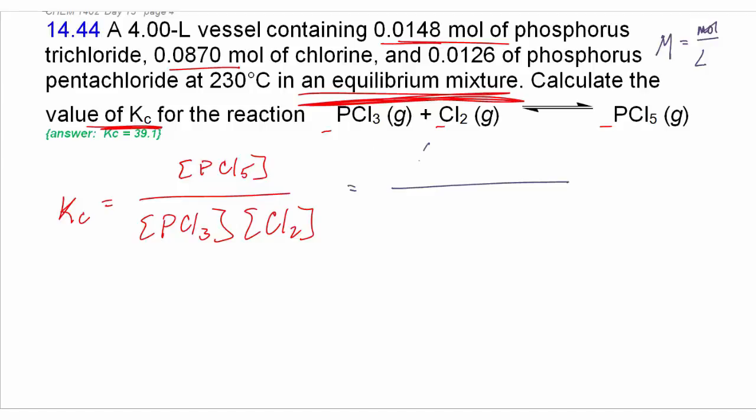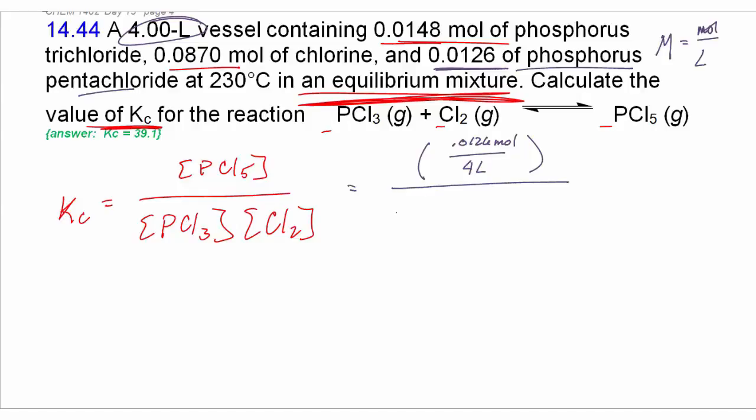So for PCl5, what's our moles and what's our liters? For phosphorus pentachloride, here's 0.0126 moles of phosphorus pentachloride, divided by how many liters? 4. Everything's going to be 4 liters because that's the volume of the container.